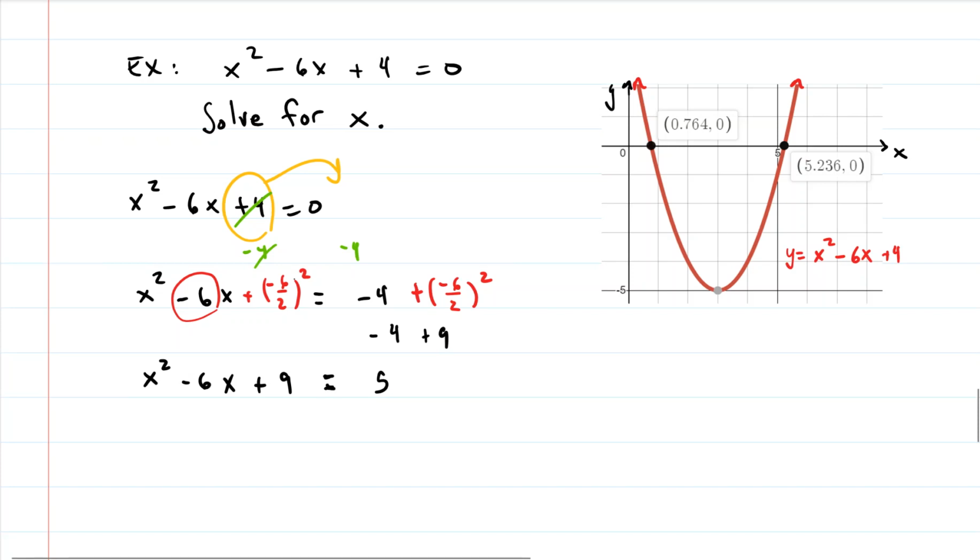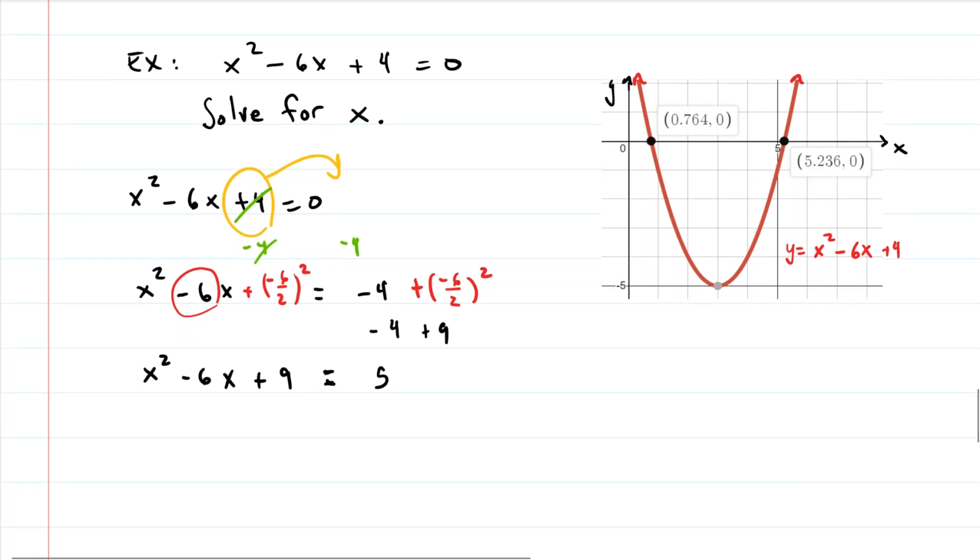Beautiful. Now this side here, the left side, is a perfect square trinomial, because we added that 9. We reverse engineered it, meaning we made it be what we wanted it to be through a little bit of algebraic manipulation.